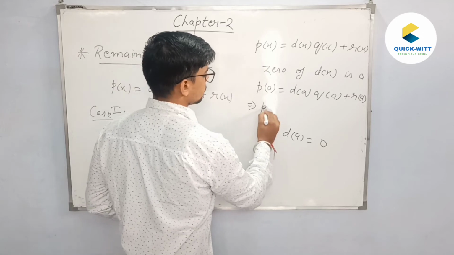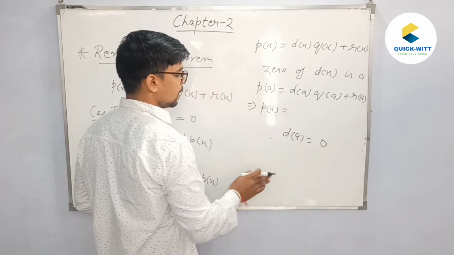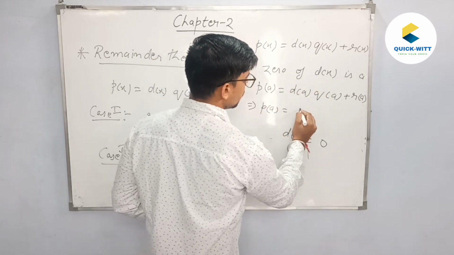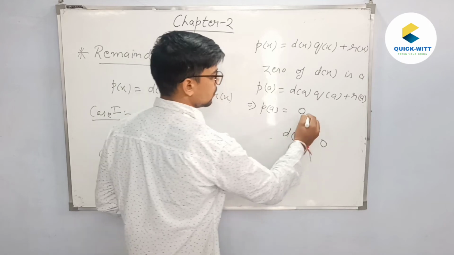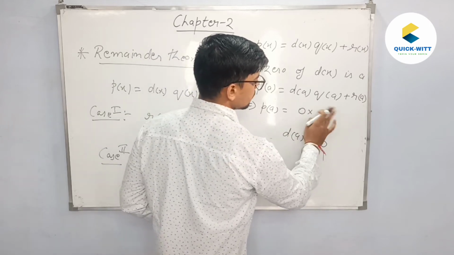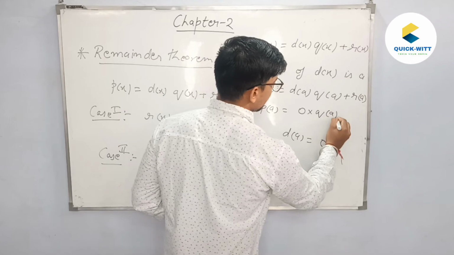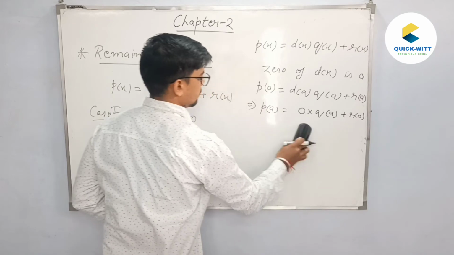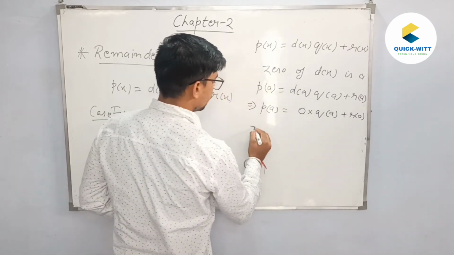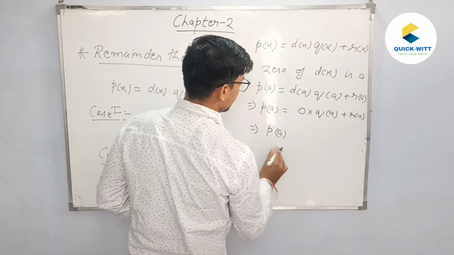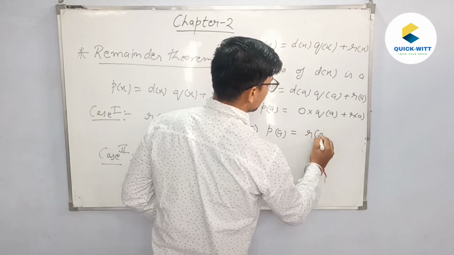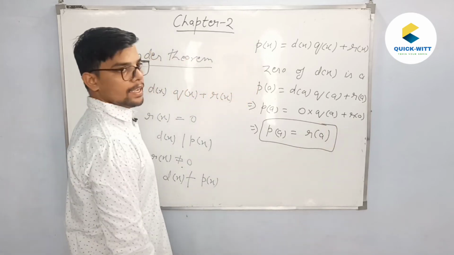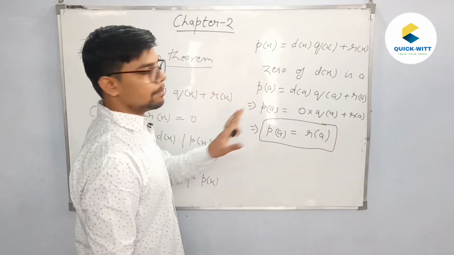Then we know a is the zero of d(x), so this term will go to 0. 0 multiplied by anything, you will get 0. So 0 into q(a) plus r(a). So what will I get? The value of polynomial at point a is equal to the remainder at point a. This will be our concept.